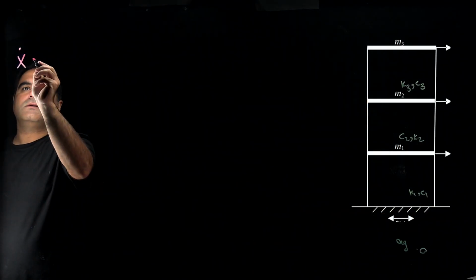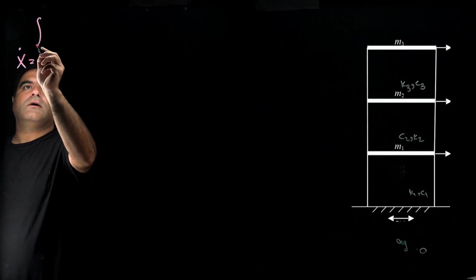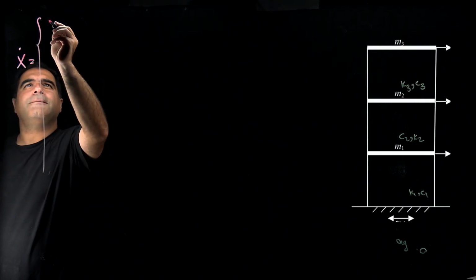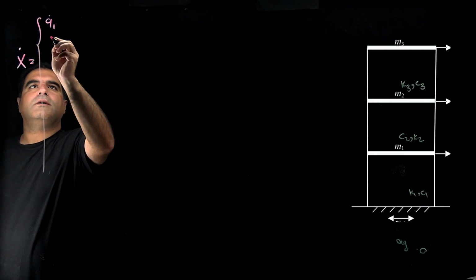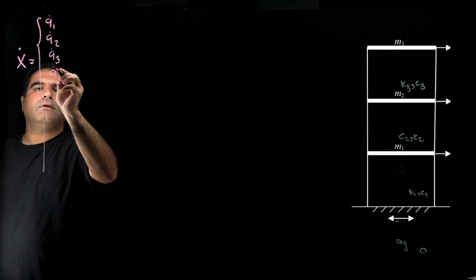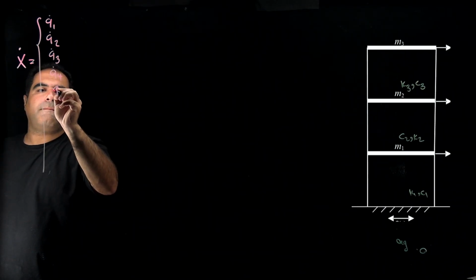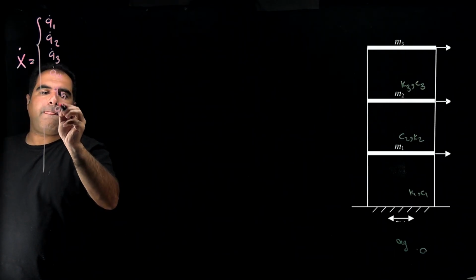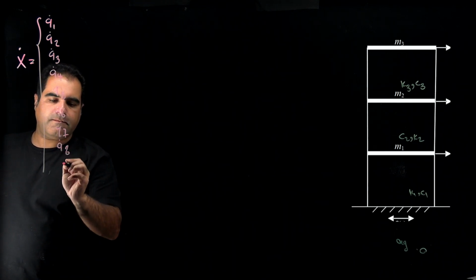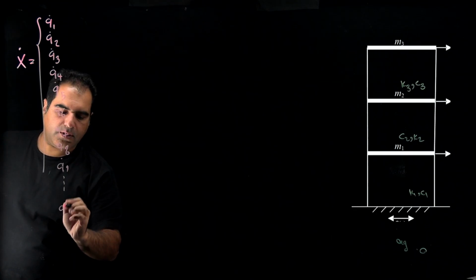I said x dot was equal to the state vector: q dot 1, q dot 2, up to q dot 12.